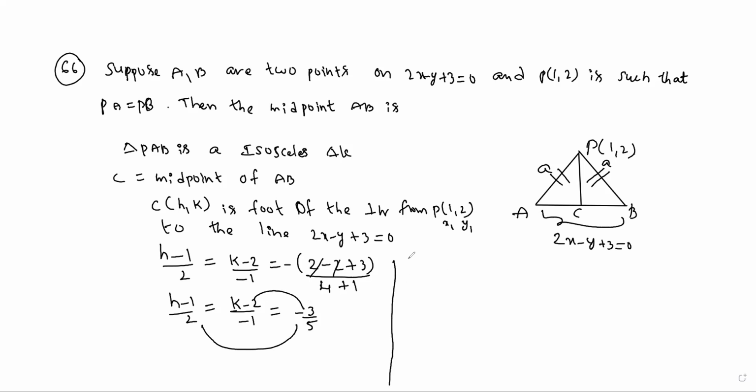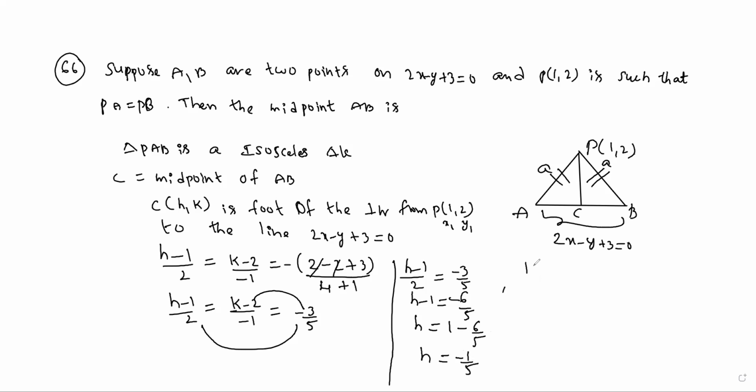Now h minus 1 by 2 is minus 3 by 5. h minus 1 is equal to minus 3 by 5 into 2, this will become minus 6 by 5. If we send 1 to that side, it becomes 1 minus 6 by 5. Take LCM 5. 5 minus 6, that is minus 1 by 5.